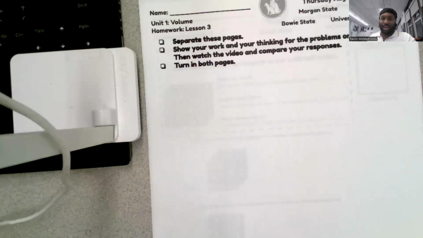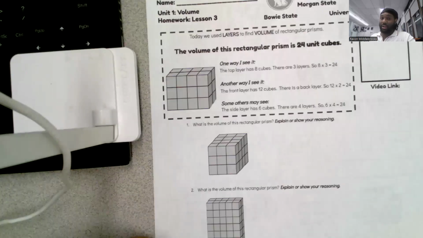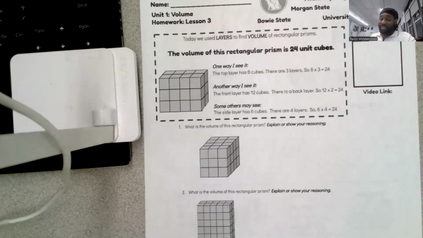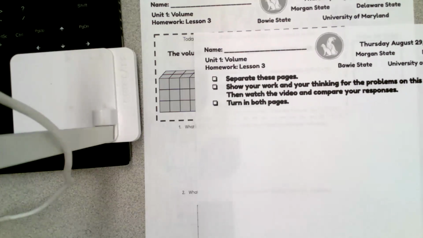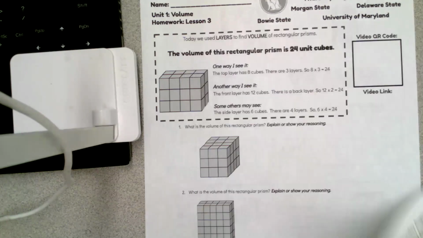All right, so let's switch the camera. Here we go. As you know, you have your scrap paper and you have your work. Miss Cook always says, and Miss Musa will always want you all to try the work out yourself. You want to try all the problems out yourself. So we just did some exploration. What I want you to do now is pause the video and work on all of these problems on this sheet of paper first.